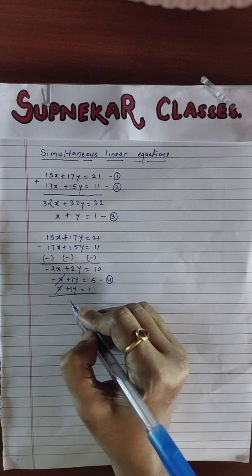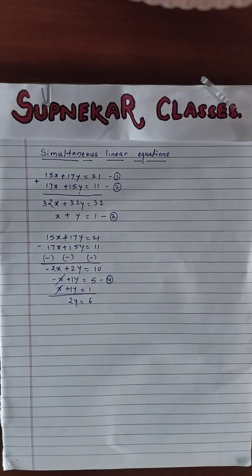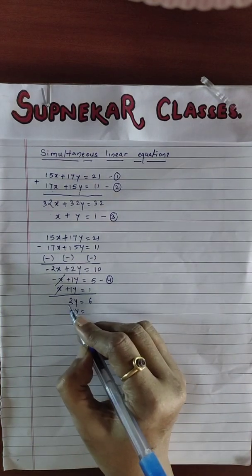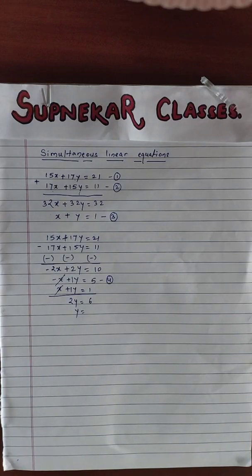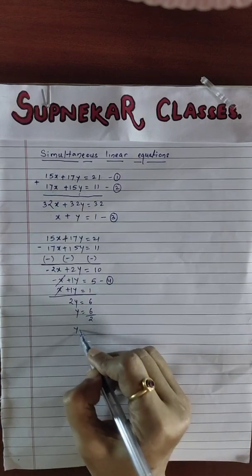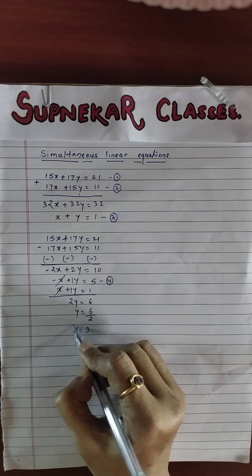So 1y plus 1y will be 2y, and here it will be 5 plus 1, which is 6. So 2y is equal to 6, where 2y means 2 multiplied by y. While going to the other side, this 2 will become dividing, so the value of y will be 3. Okay, you are getting me?